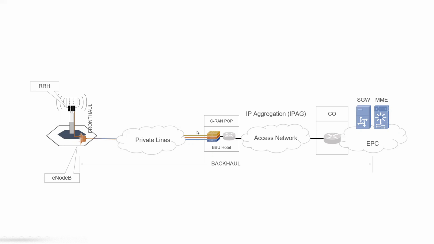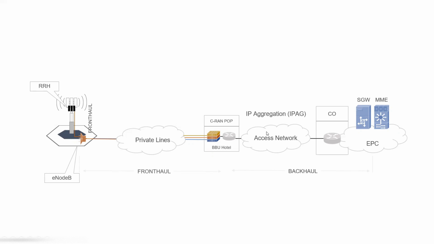So now what happened in a centralized RAN architecture is that you change your fronthaul network from the RRH towards your point of presence, and your backhaul network from the BBU hotel towards your EPC.